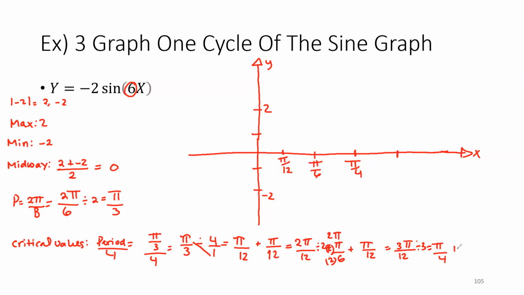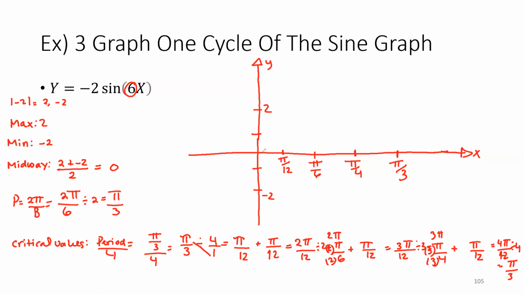And then add another pi over 12. So that's 3 pi plus 1 pi. That is 4 pi over 12, which can be reduced by 4. So that would be pi over 3. Okay, we could stop there because that is our period.